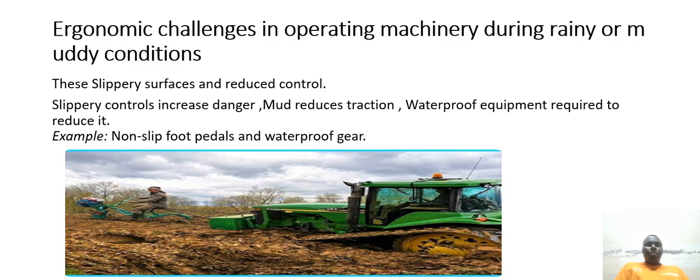So it is possible to use chain tractors in muddy conditions in order to avoid slippage. Slippery controls increase danger, mud reduces traction, and waterproof equipment is required to reduce it. Example, non-slip foot pedals and waterproof gear.